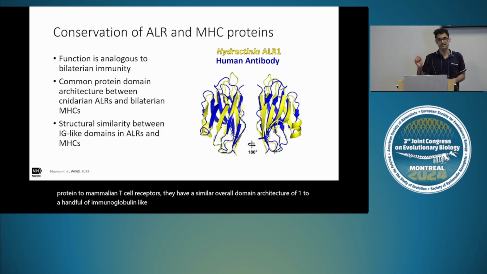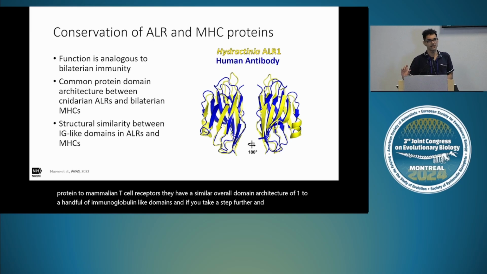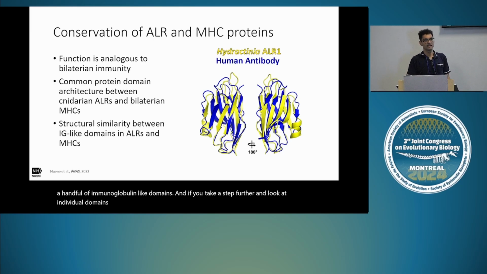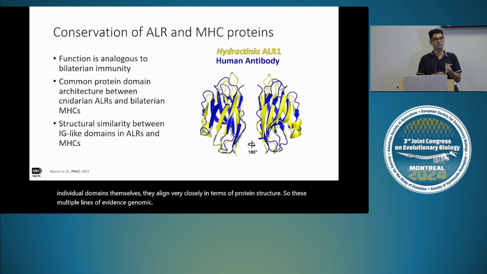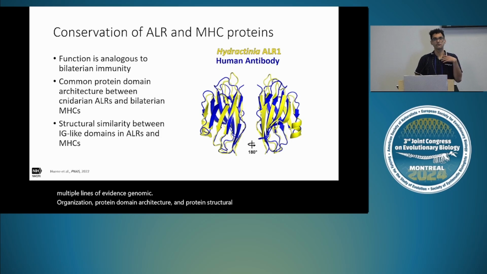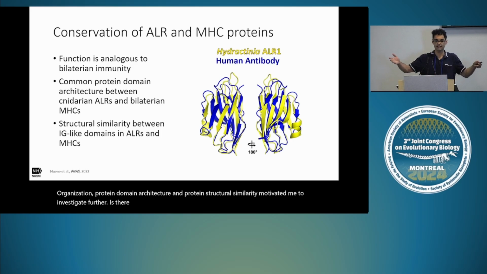And if you take it a step further and look at individual domains themselves, they align very closely in terms of protein structure. So these multiple lines of evidence, genomic organization, protein domain architecture, and protein structural similarity, motivated me to investigate further: is there any additional evidence that these two systems are deeply related in evolutionary history?